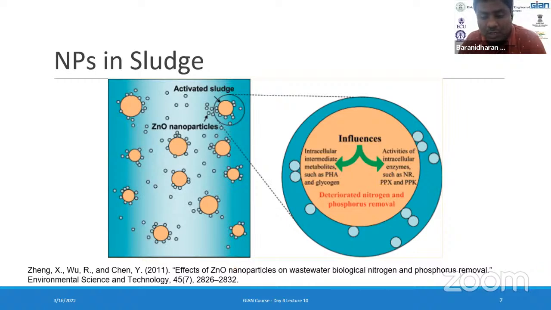It was found that inhibition of nitrogen as well as phosphorus removal induced by high concentrations of these nanoparticles was mainly due to the release of metal ions from these nanoparticles and an increase of ROS, that is, reactive oxygen species production, which caused the inhibitory action towards the bacteria related to nitrogen and phosphorus removal.